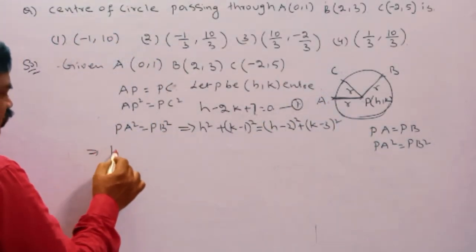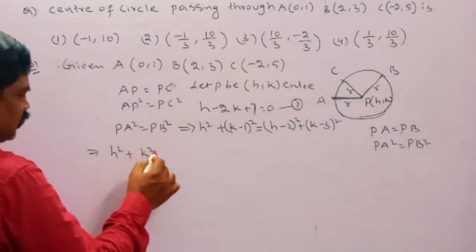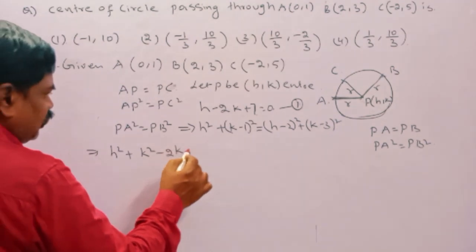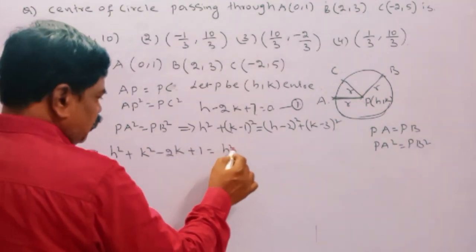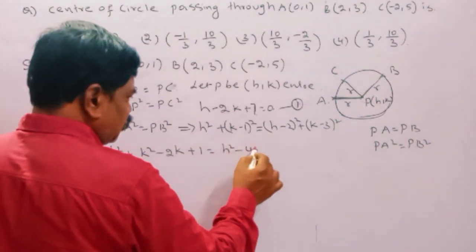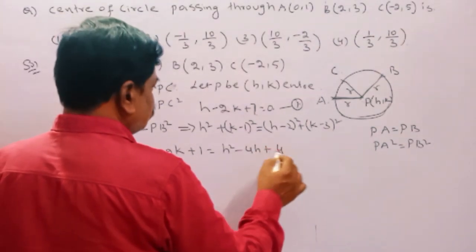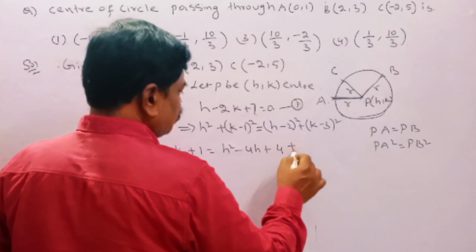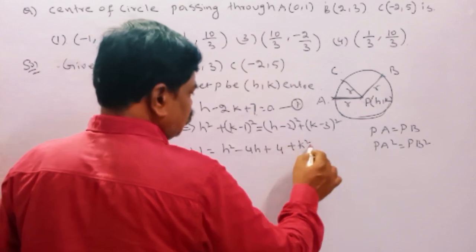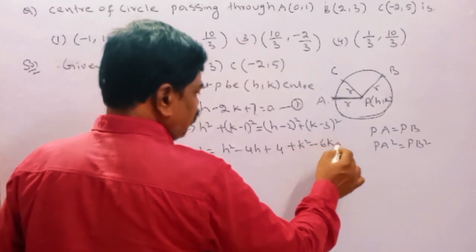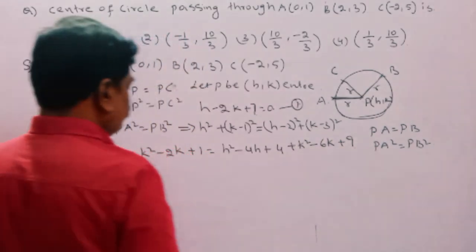This implies H square plus K square minus 2K plus 1 equal to H square minus 4H plus 4 plus K square minus 6K plus 9.